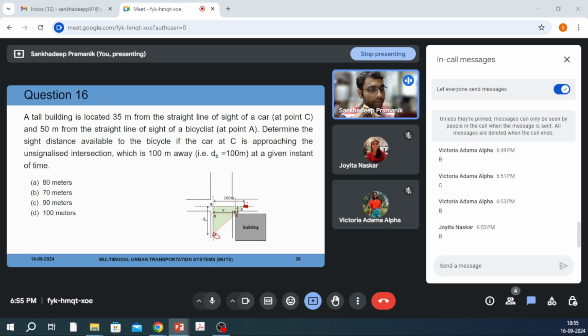at a particular time, and this bicycle is also approaching. Now determine the side distance available to the bicycle if the car is approaching from this side, and there is a building, and the building is 50 meters from the straight line of sight of a bicycle and 35 meters from straight line of sight of a car.